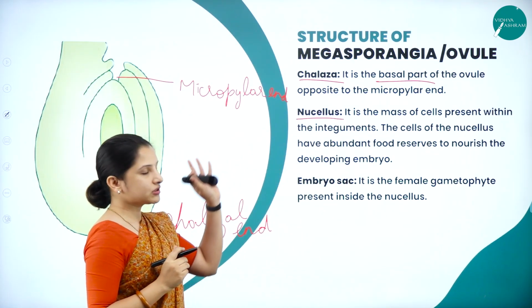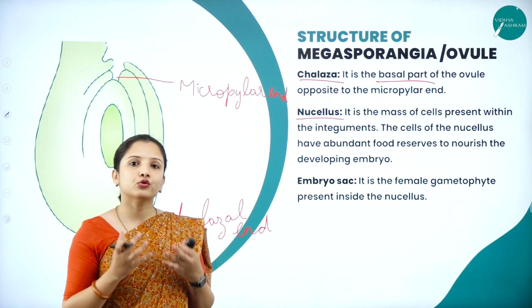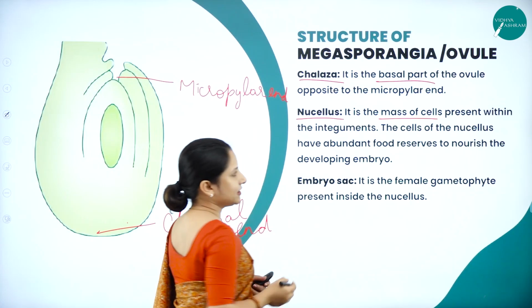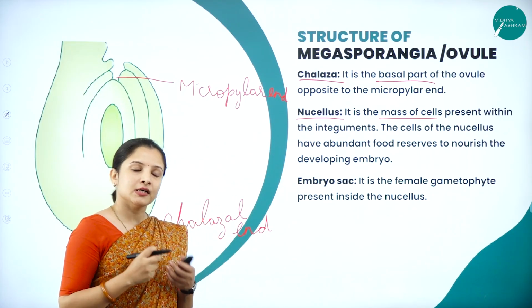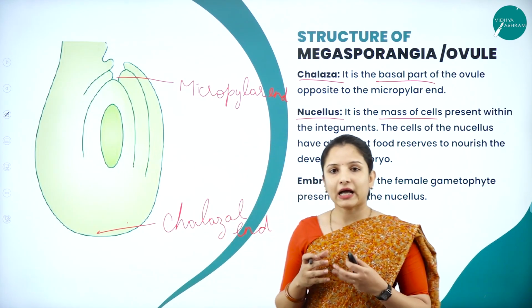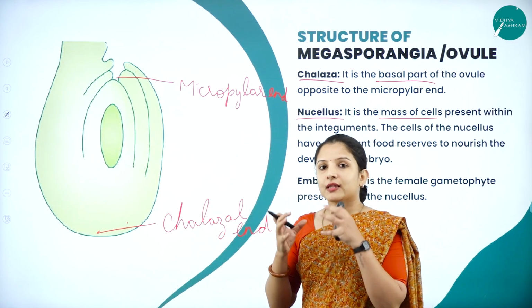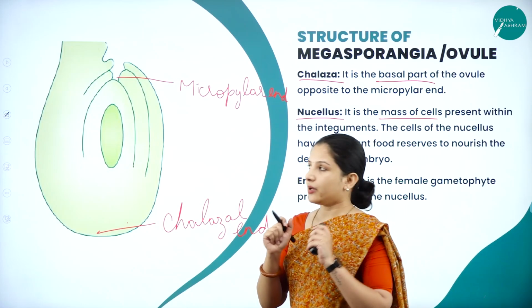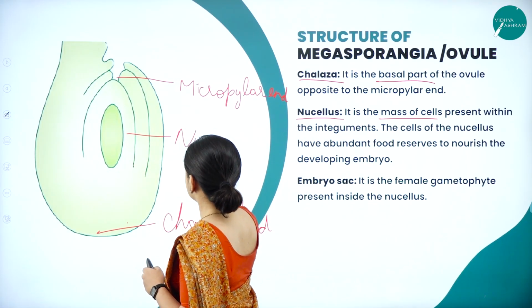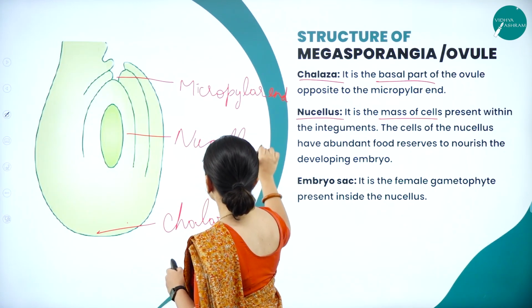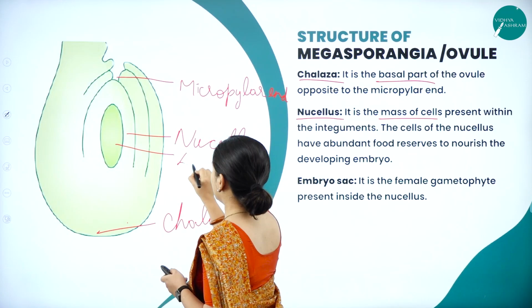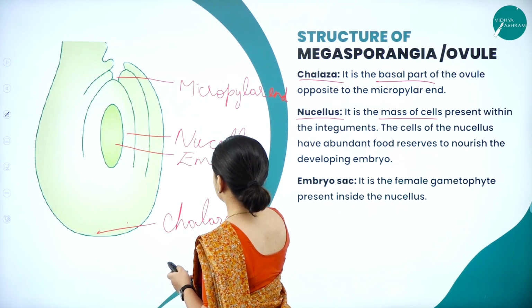It is a group of cells or a mass of cells that is present within the integuments. So what does this nucellus do? They have a particular function. They nourish the developing embryo. So this particular nucellus nourishes the developing embryo.